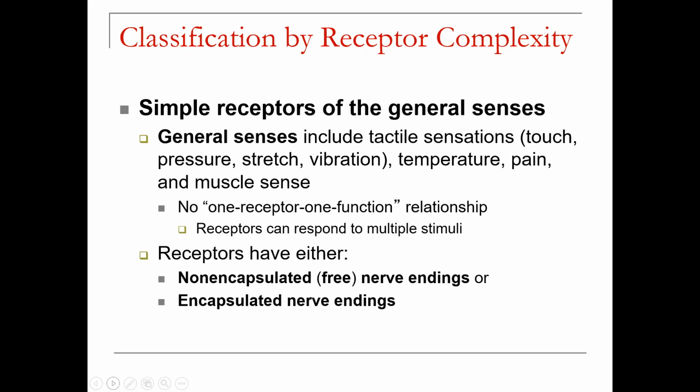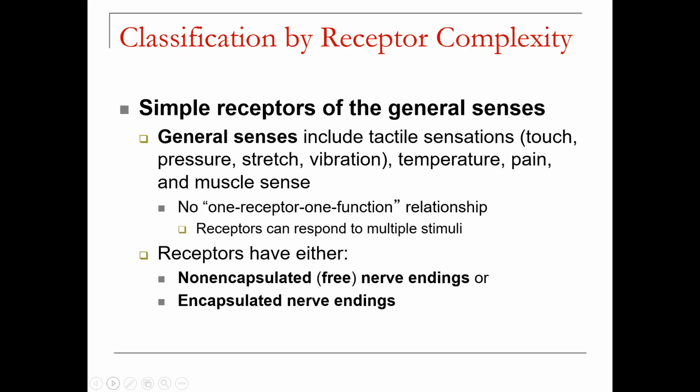Now, while we have a certain amount of specialization in our general senses, we say that there is no one receptor, one function relationship, meaning that a touch receptor can pick up various types of sensation. Pain receptors are a little different. Temperature receptors are a little different.